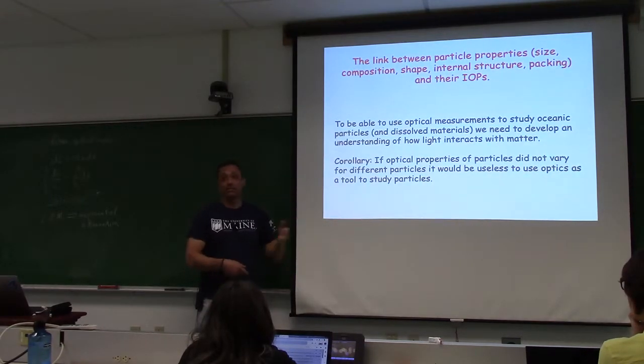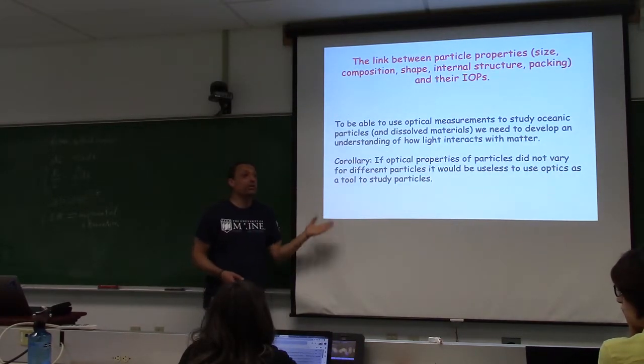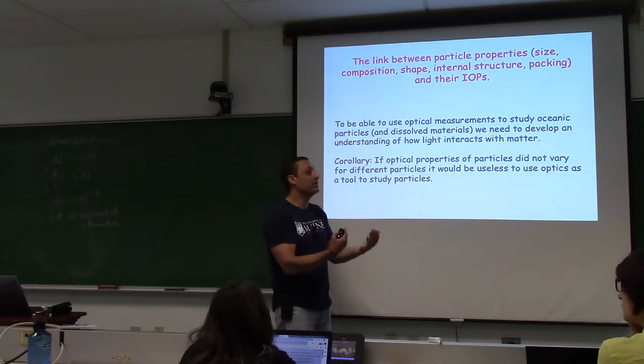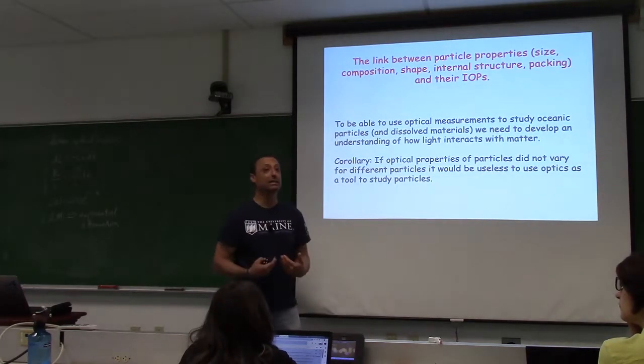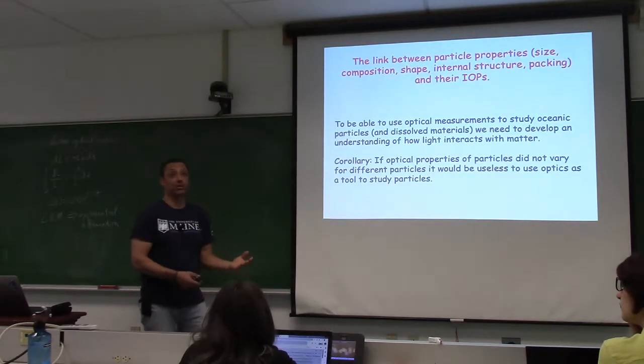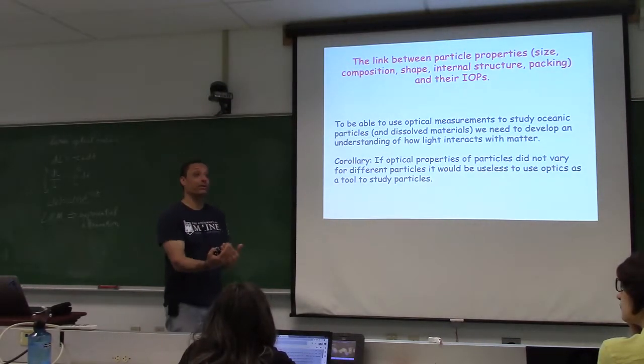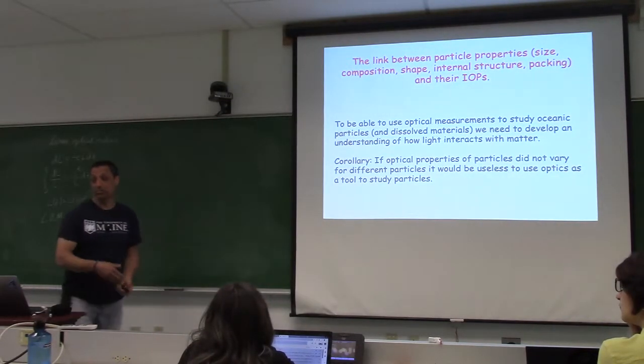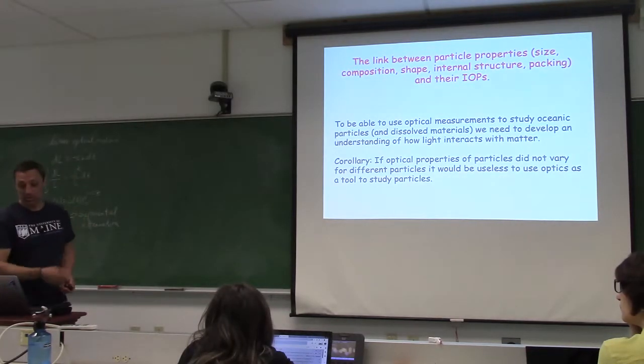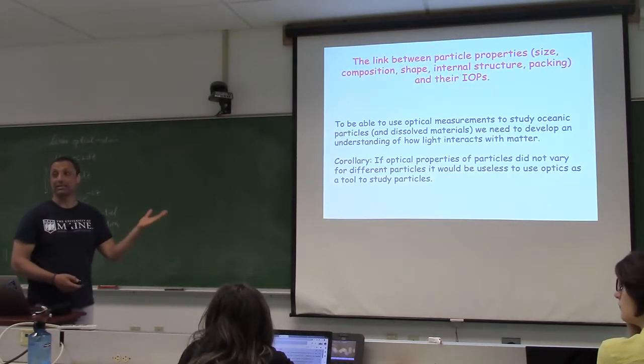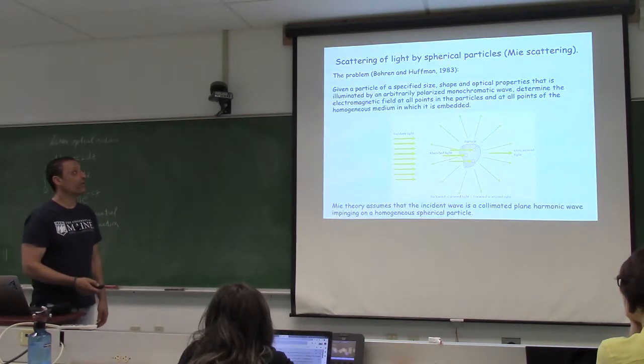So we're not using acoustics to study phytoplankton because it's not going to interact well with them in a way that we can get a signal out that's useful for us. It's not that acoustics is not good, it's just not good to differentiate those particles. So we're using optics because it is dependent on what we have in water.